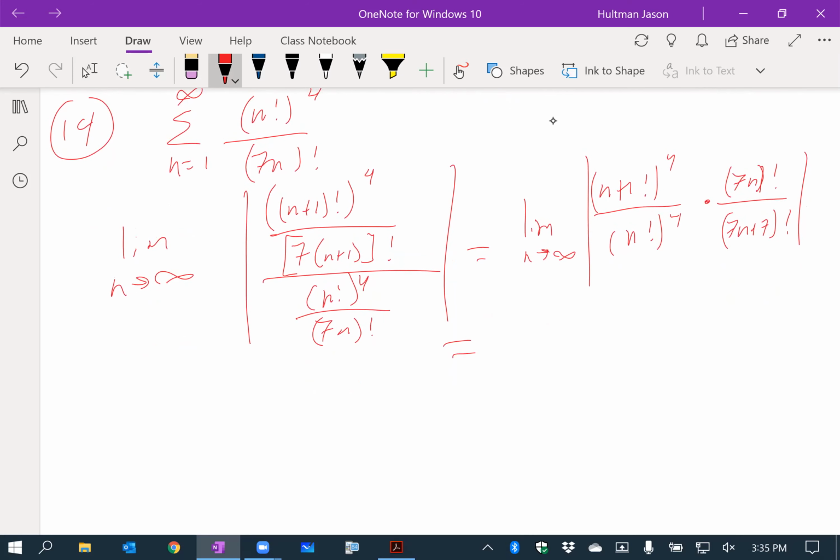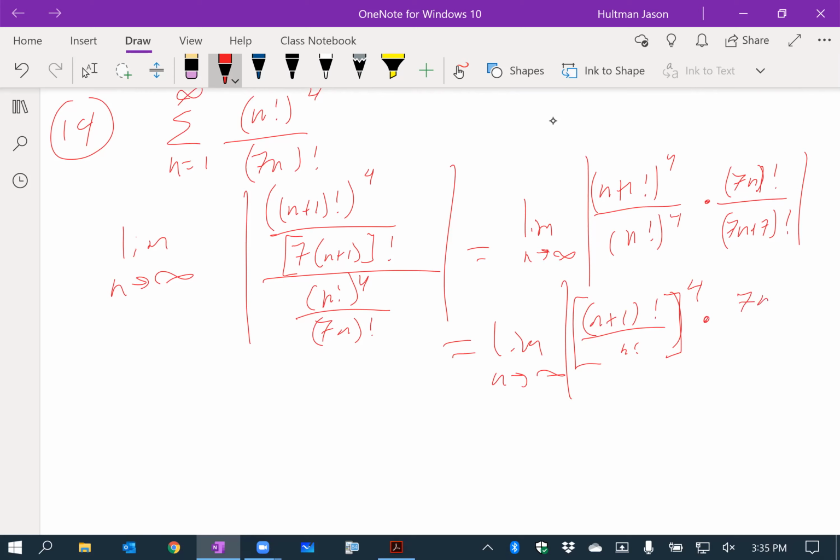Okay, so this is the limit as n goes to infinity of ((n plus 1) factorial over n factorial) to the fourth power, times (7n) factorial over (7n plus 7) factorial.